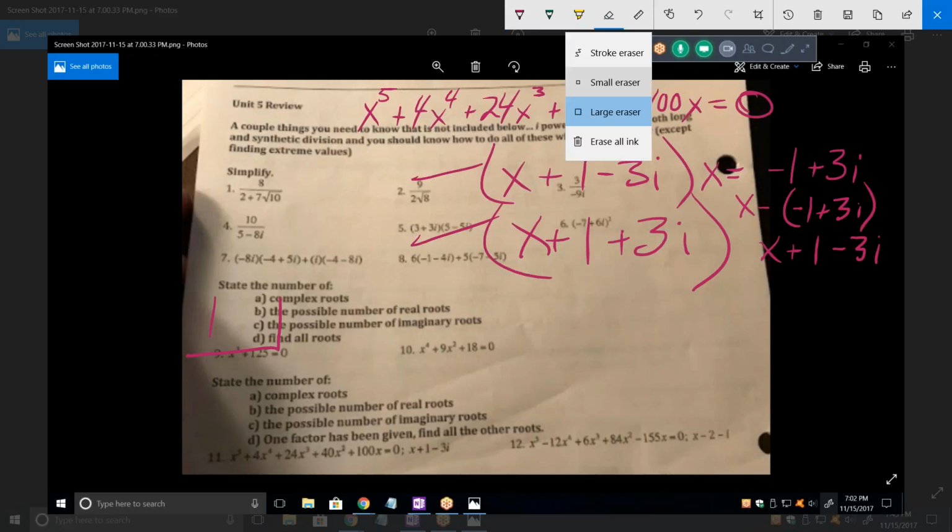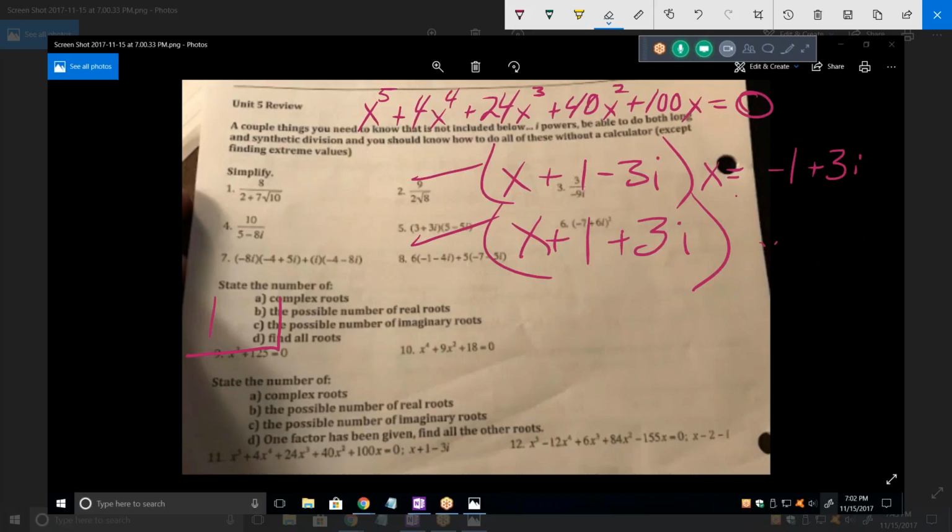So that does match the first one, which means what goes in the box is -1 plus 3i. Right, goes across the top. You know, hold on a second.